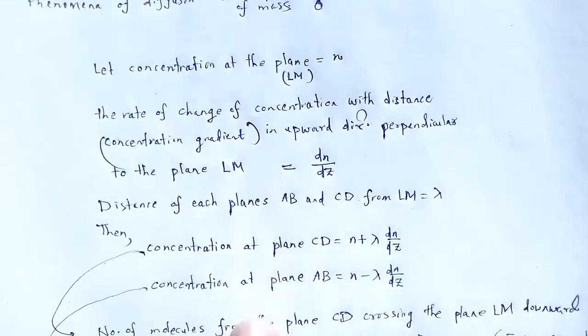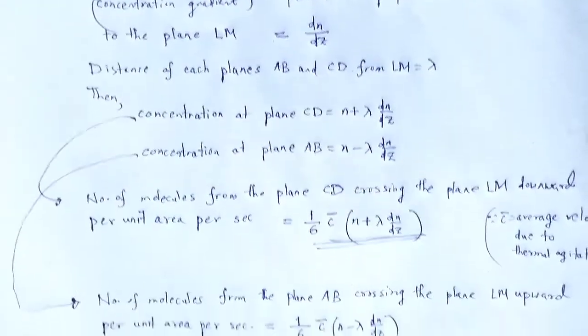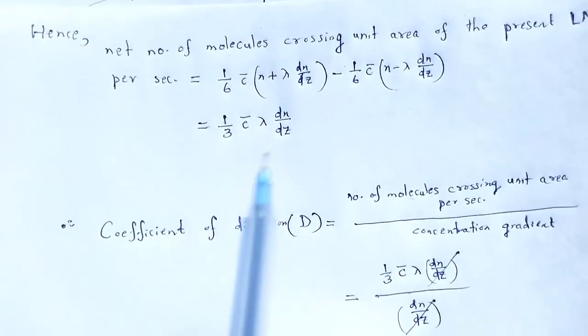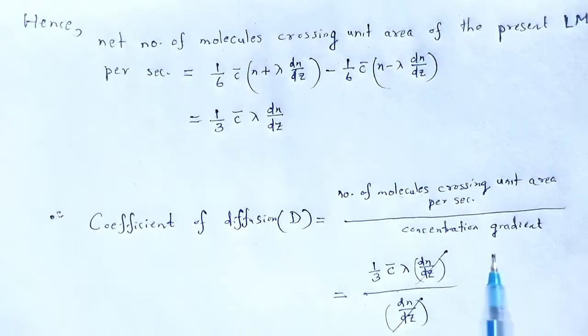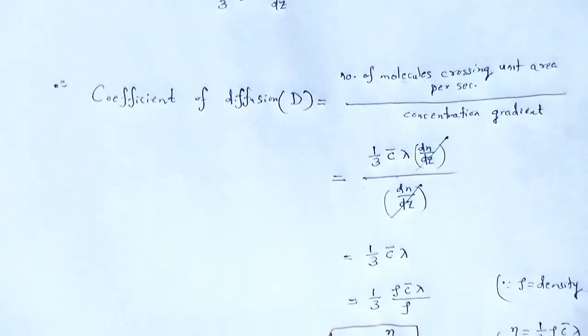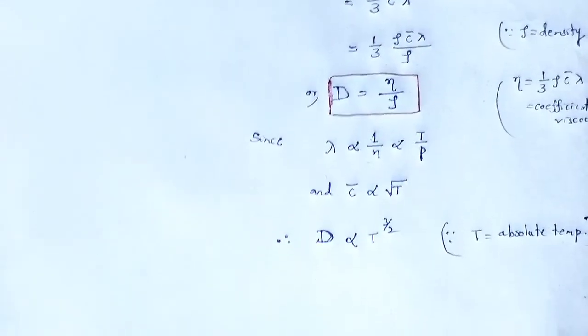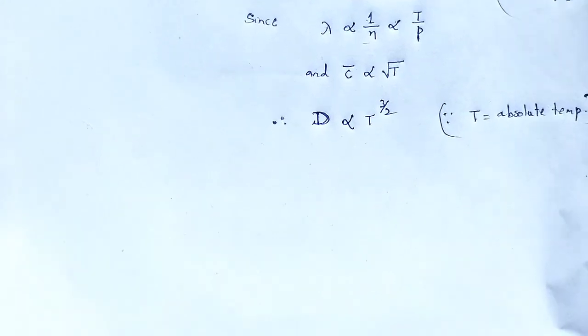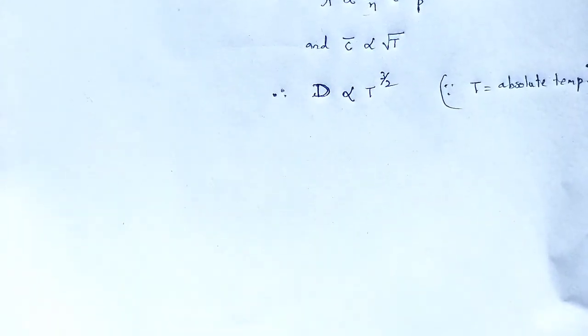Here we consider all these things and mathematically derive the coefficient of diffusion. The coefficient of diffusion D is equal to eta by rho, and finally that is directly proportional to T to the power 3 by 2, T being the absolute temperature.